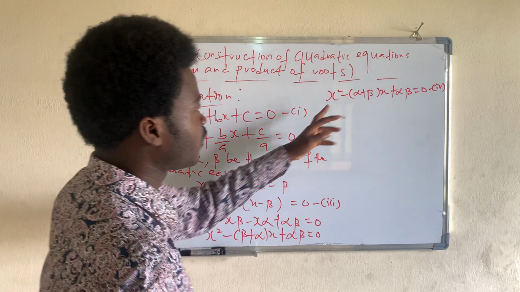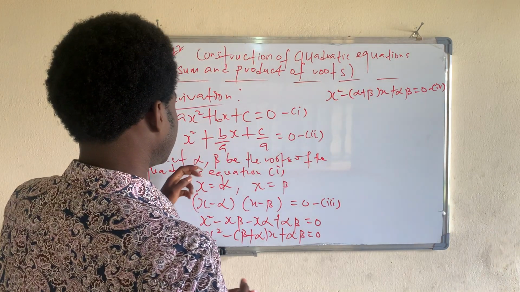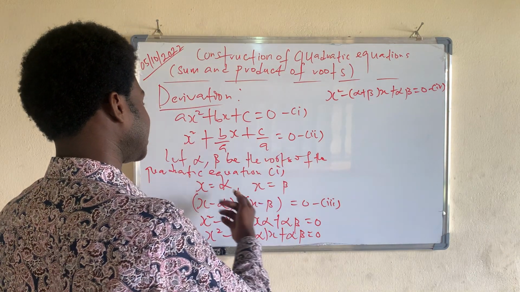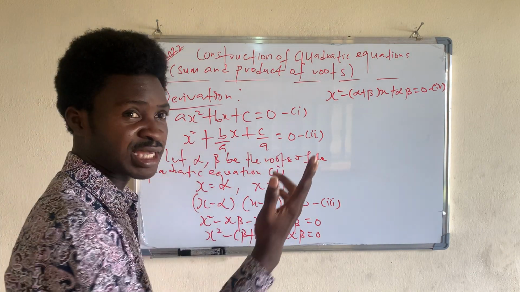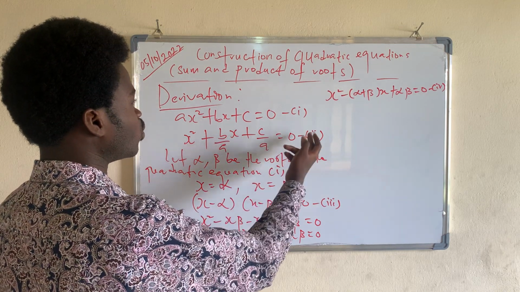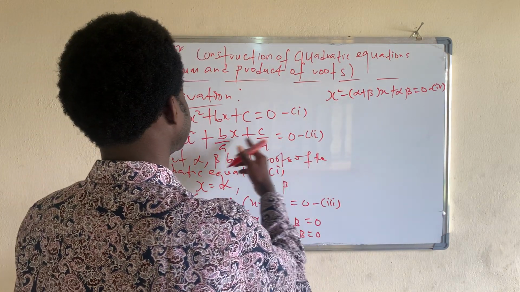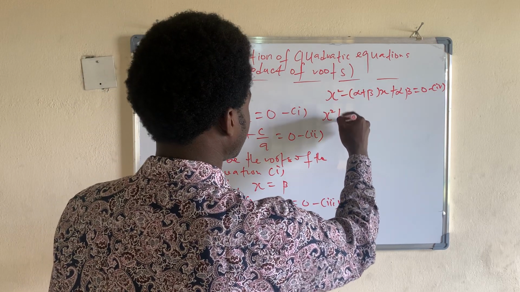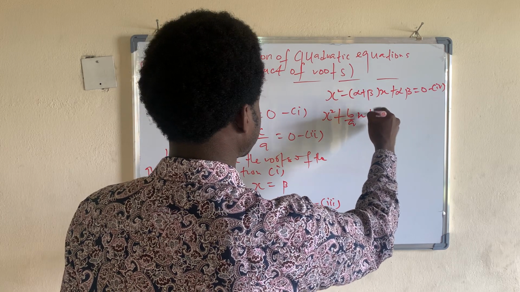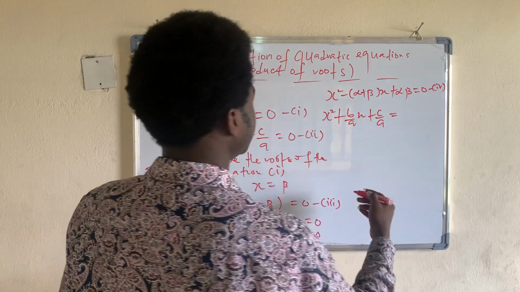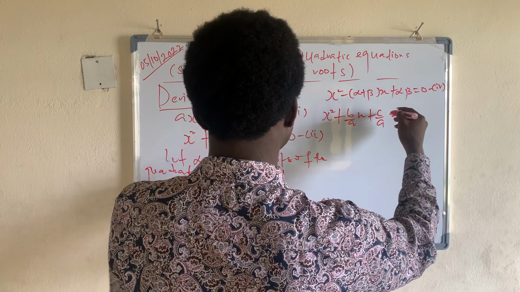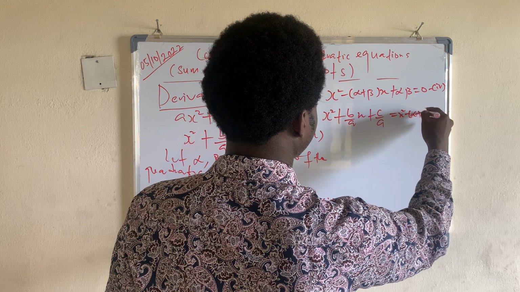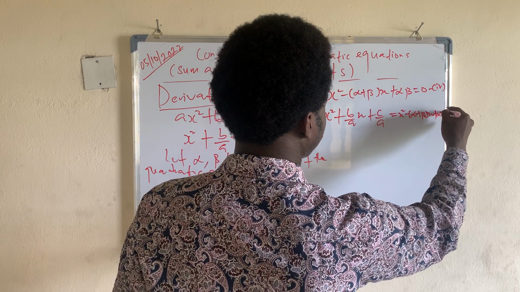Equation 4 is equal to 0, and equation 2 likewise is equal to 0, and alpha and beta are the roots of the quadratic equation. So from 2 and 4, since this is 0 and this is 0, I can equate x squared plus b over a x plus c over a to x squared minus (alpha plus beta) x plus alpha beta.